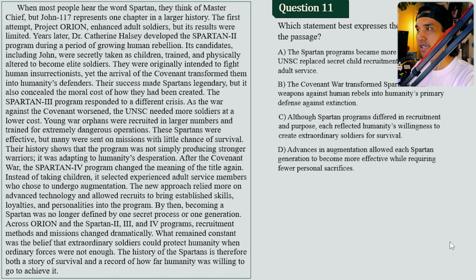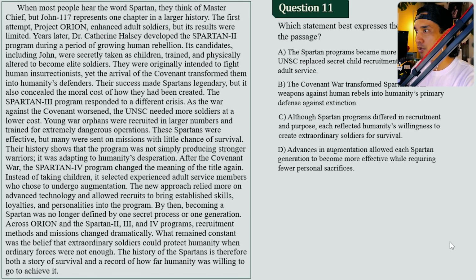Its candidates, including John, were secretly taken as children, trained, and physically altered to become elite soldiers. They were originally intended to fight human insurrectionists. Yet the arrival of the Covenant transformed them into humanity's defenders. Their success made Spartans legendary, but it also concealed the moral costs of how they had been created.